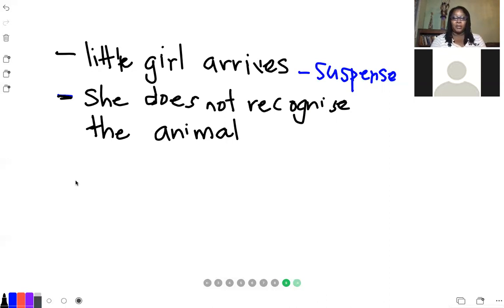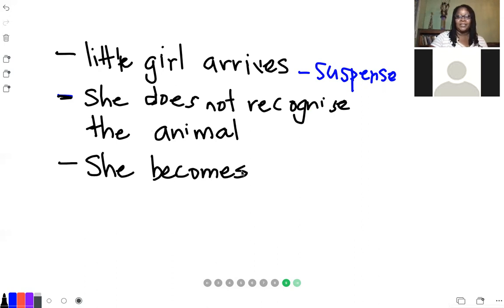Suppose at this point, she had simply handed the basket over and gone on her merry way. Your story would have ended prematurely, but you have to amp it up a little bit more, right? So she does not recognize the animal. Then eventually she becomes suspicious and begins to question.